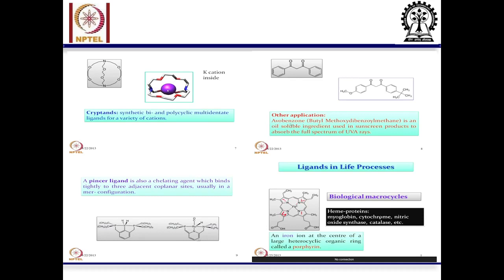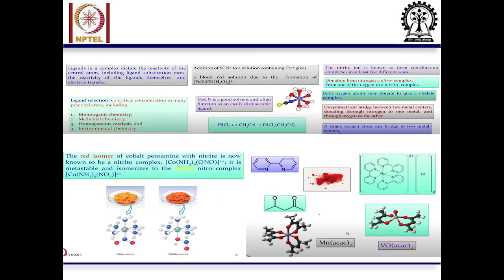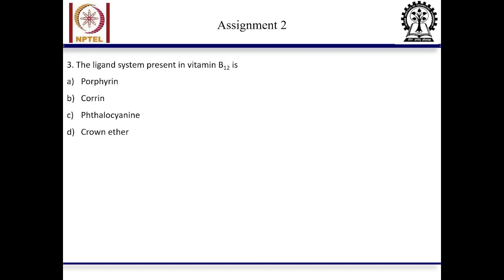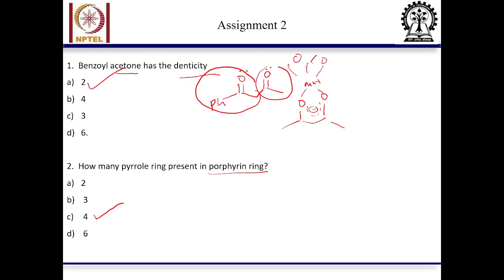Once we join them, we get a heterocyclic ligand that is called porphyrin. Got it? So there are 4 pyrrole rings with ethylene linkage. Okay, ma'am, is it clear for you? How many pyrrole rings are present in the porphyrin ring?